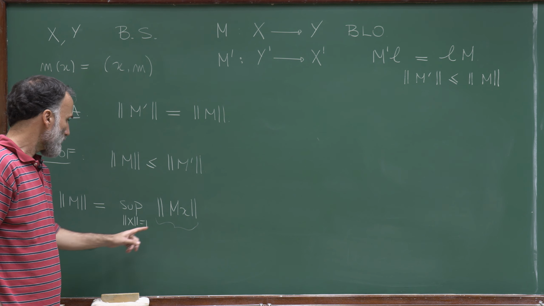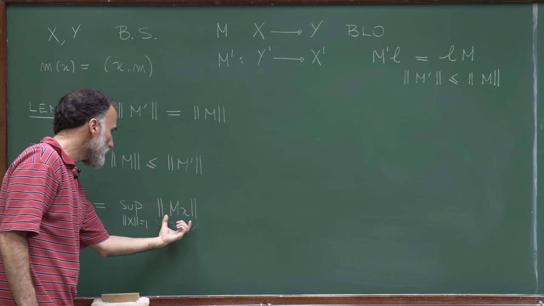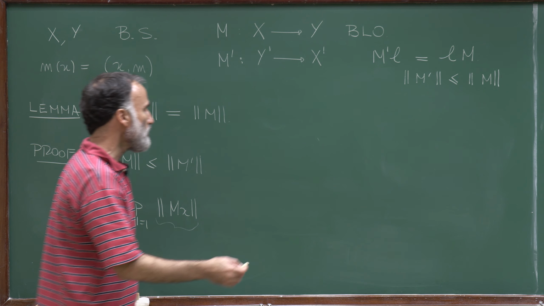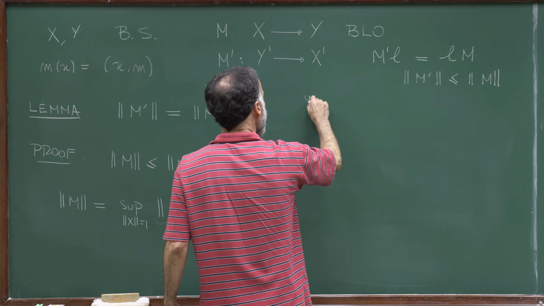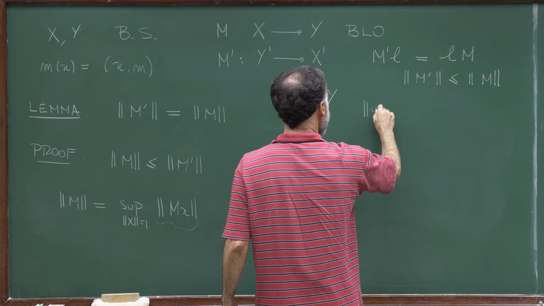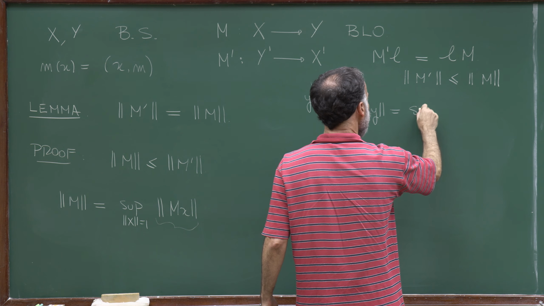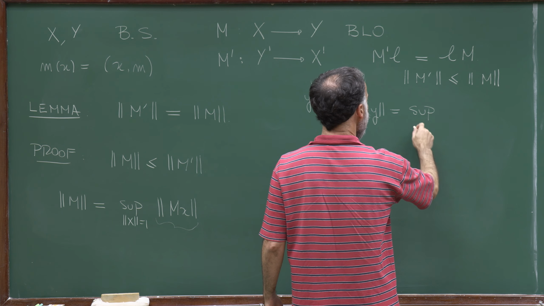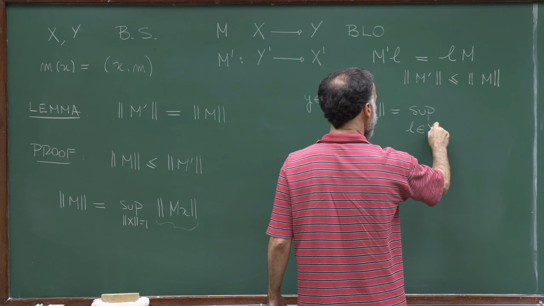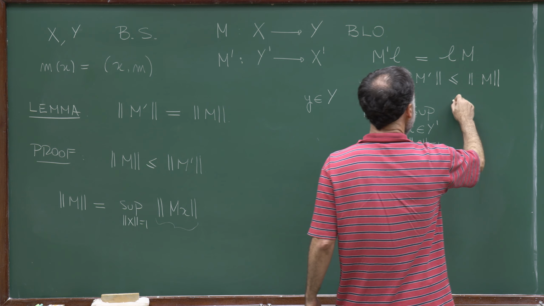So x is an element of X, so Mx is an element of Y. So we have here an element of Y. And we know that if y is an element of Y, then its norm is equal to the maximum, but I will write that as a supremum, over all L in Y prime, with norm of L equal to 1, of L of y.